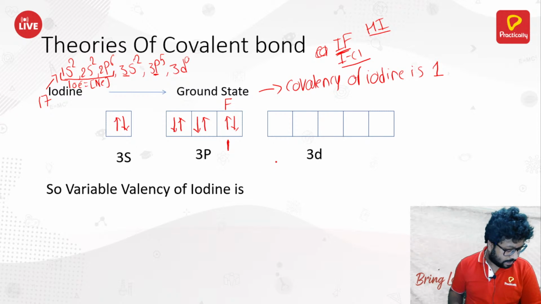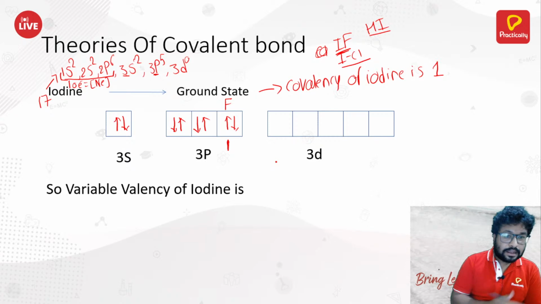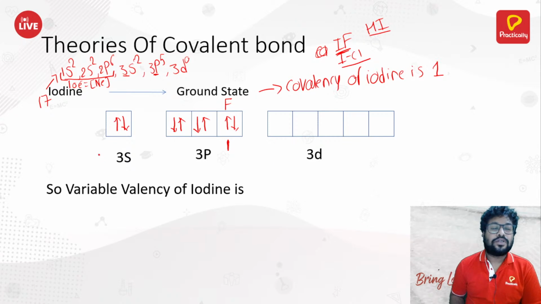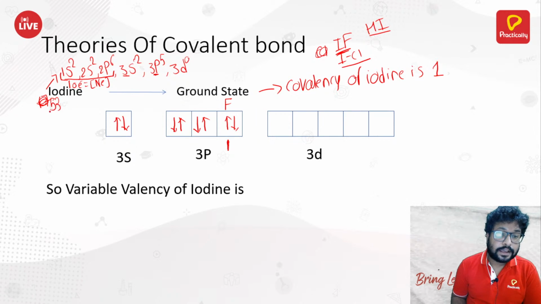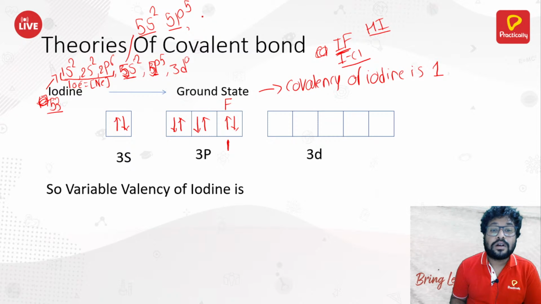Now, sorry, atomic number of iodine is not 17. Sorry, everyone. It's 53. But I was talking about this core. This core is 5s2 and 5p5. After that, you have 5d0. Okay.